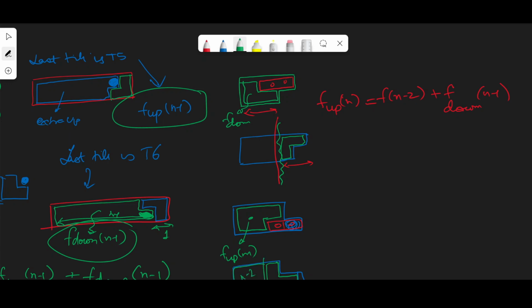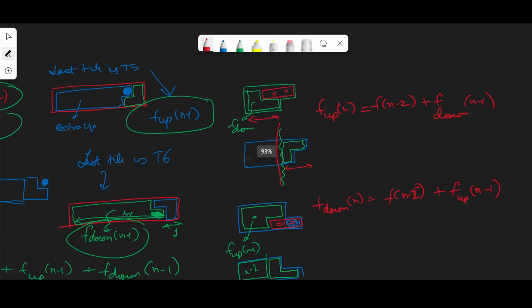So from this you can say F down of n equals F of n minus 2 plus F up of n minus 1. So these are the three different relationships we got.